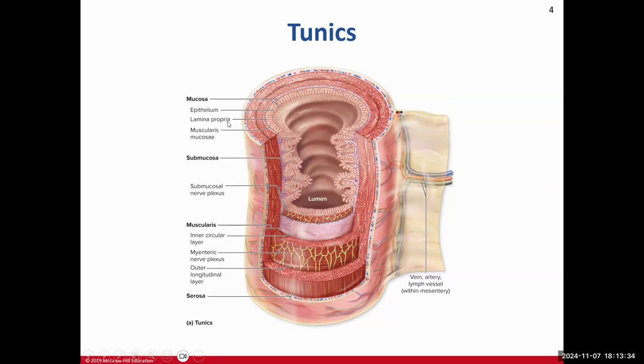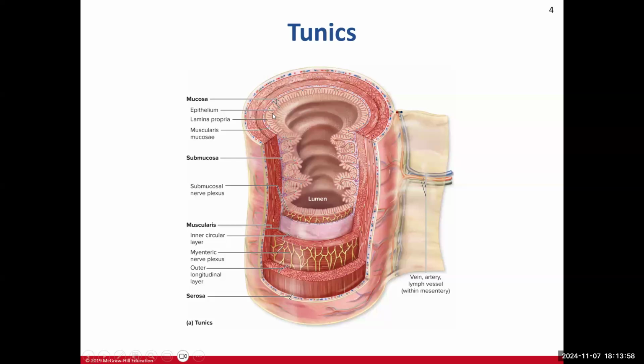It says it over there. Epithelium. Specifically, you're going to see it lined by simple epithelium. There are 3 important functions that simple epithelium can have: one is absorption, another is secretion, and the other is filtration. Primarily, we're going to be using this one for secretion and absorption here.